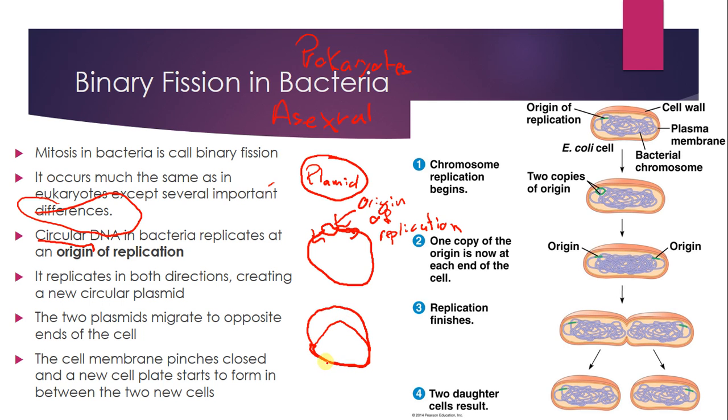Two circular plasmids within our cell. And as it replicates in both directions, two plasmids will be formed.